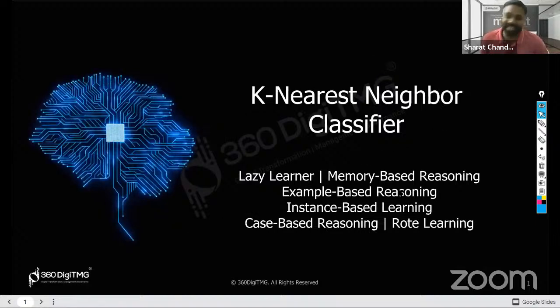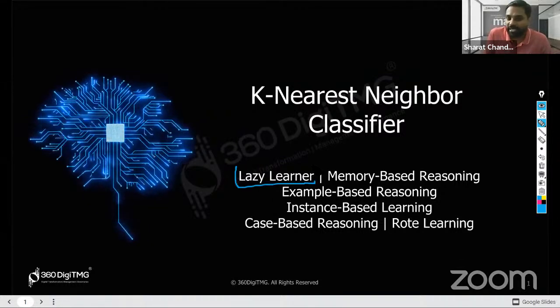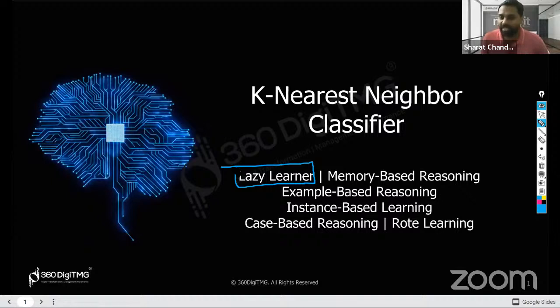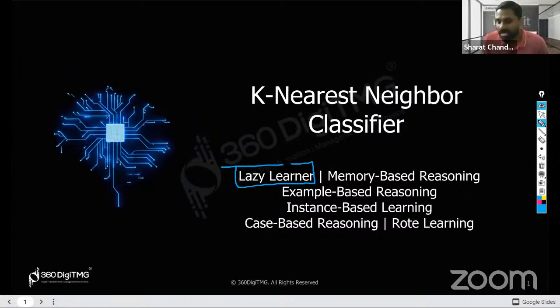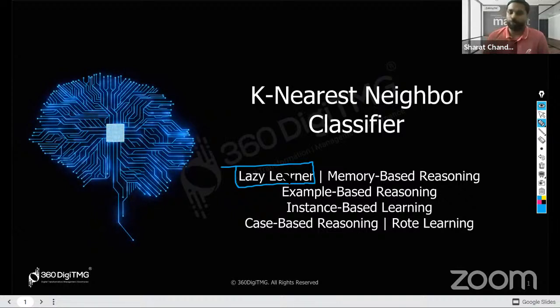Well, it's not just lazy learner that is the name given to the KNN algorithm. It is also called memory-based reasoning, example-based, instance-based, case-based reasoning, or rote learning, right? So these are all different names. Of course, lazy learner is more popular because of the catchy words and easy interpretation. This is because, as I mentioned, the KNN algorithm is not recording the learning process.